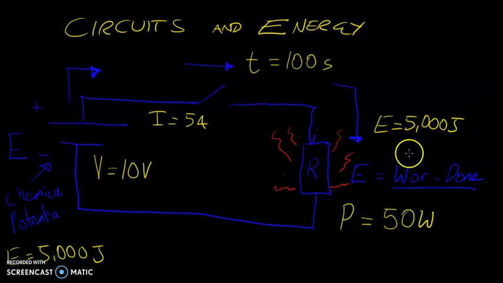We're ignoring any losses, like the wires will get hot, but in this case it's not particularly significant. So we're talking about energy in on one side, energy out on the other side. Remember, energy cannot be created or destroyed. It only changes from chemical potential energy within our battery to electrical energy in our circuit through to heat energy at our resistor. That's the energy doing work.